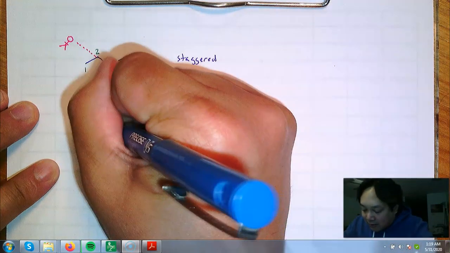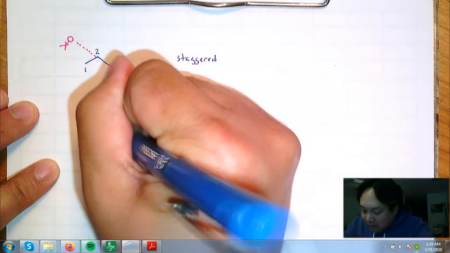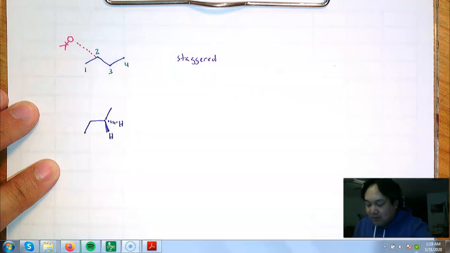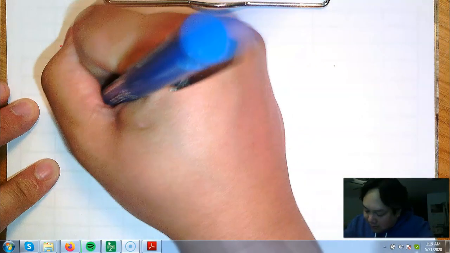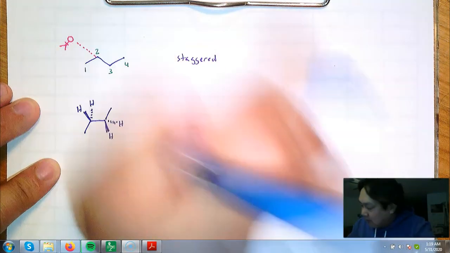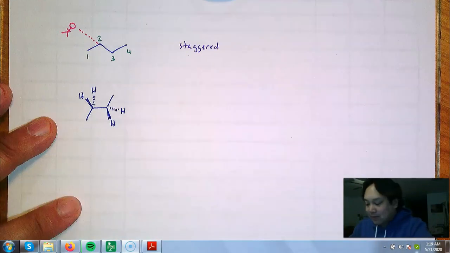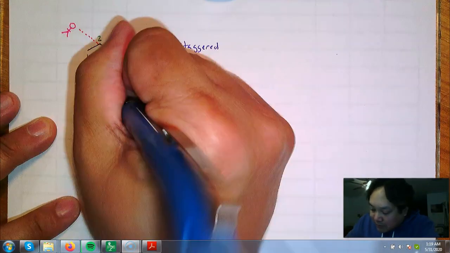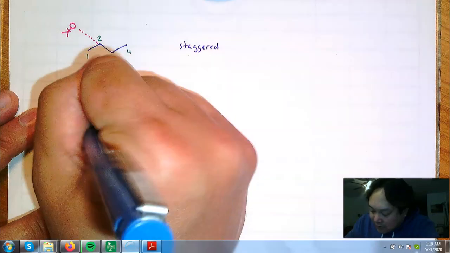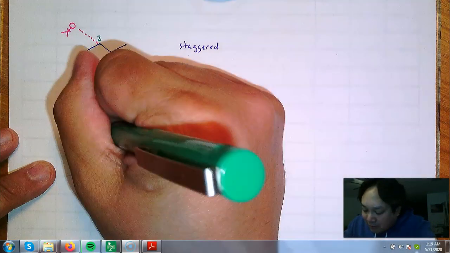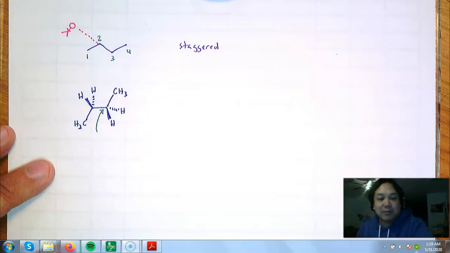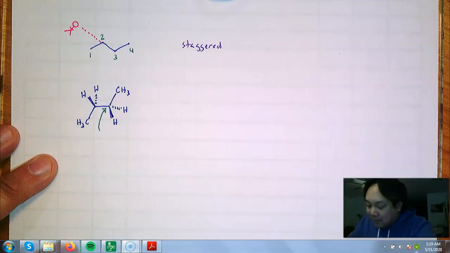You have a hydrogen here, a hydrogen towards us and away from us, and we have a hydrogen here and here. Why did I draw it like that? These are your methyl groups, CH3, CH3. Because what am I trying to mimic? I'm trying to mimic the tetrahedral shape of a carbon.